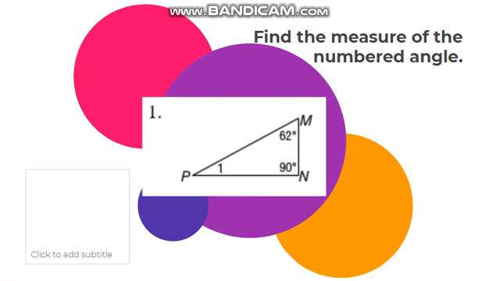Right now we know that angle M is 62 degrees, angle N is 90 degrees. So to find the measure of angle P, we subtract 62 and 90 from 180 to find out that the measure of angle P is 28 degrees.